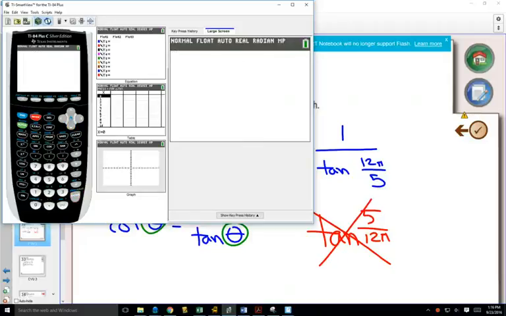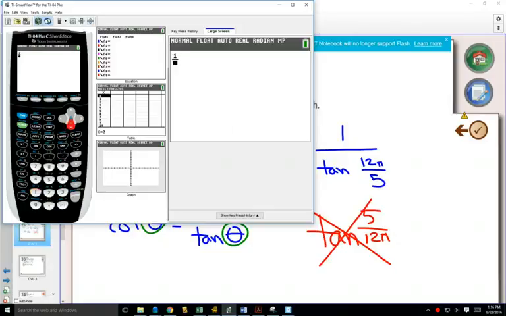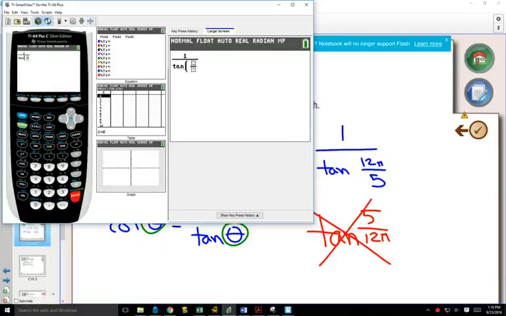And then when you type it into your calculator, 1 divided by, well, I'm going to use my fraction button. One divided by tan. I'm going to use my fraction button again. 5 over, oh man, 12.